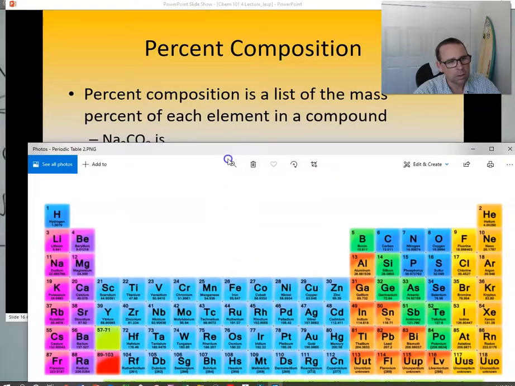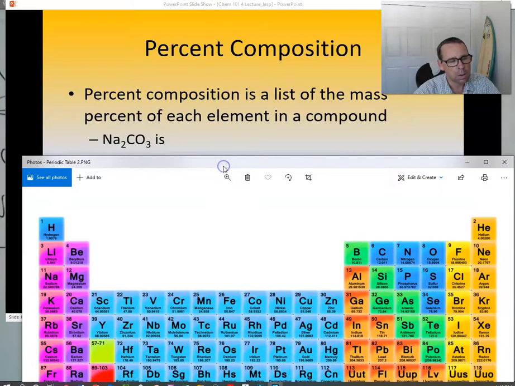So we're looking for the sodium. I can't quite read the mass here. Okay, it's like 22.9, right? So 23 grams per mole, right?